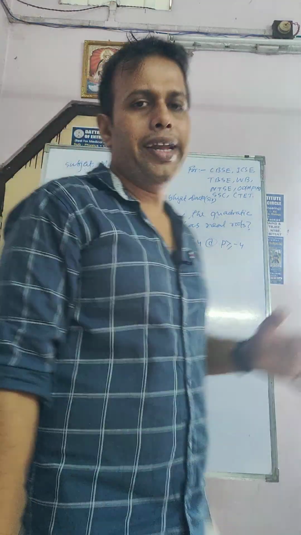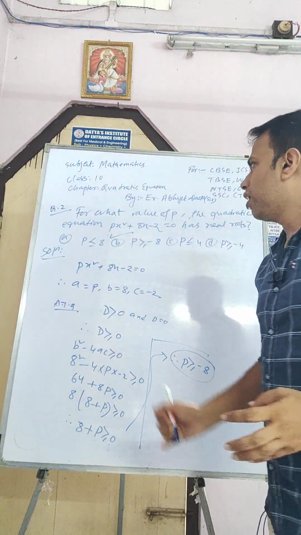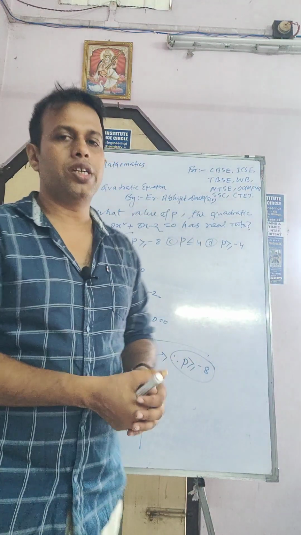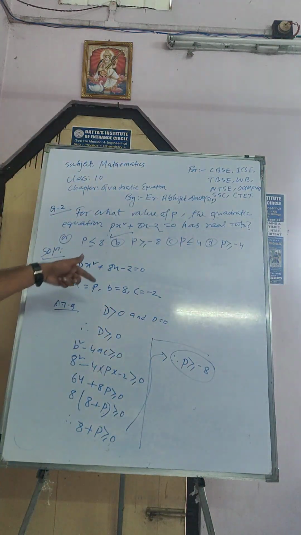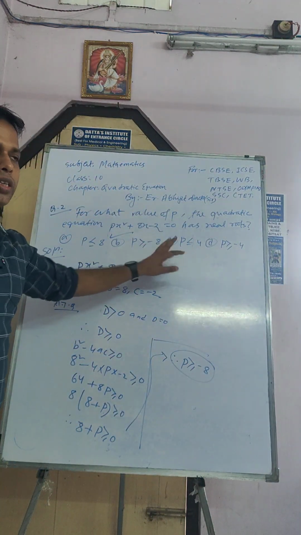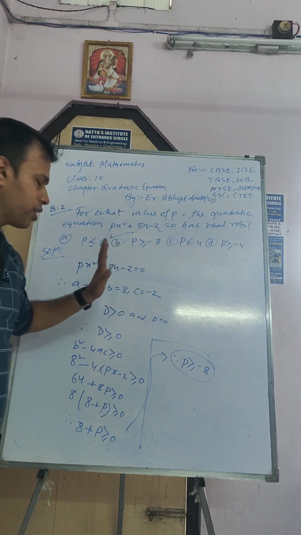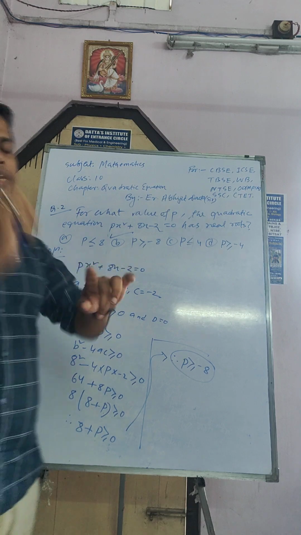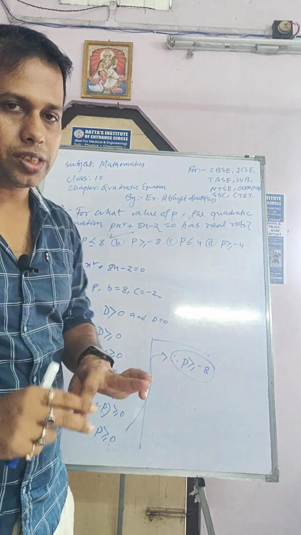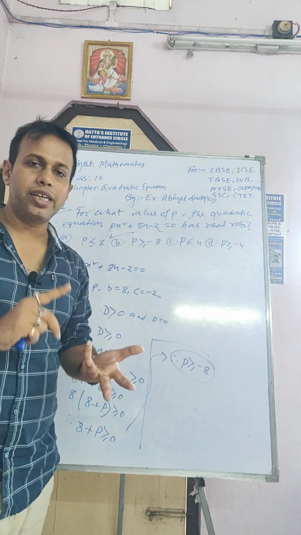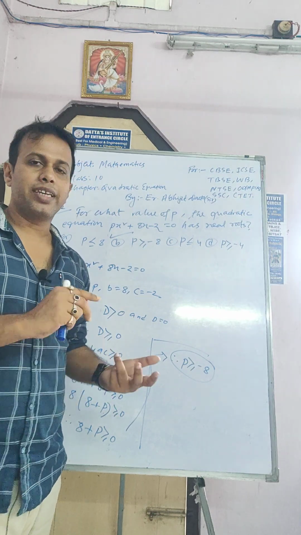Let me explain it again. In the quadratic equation, we have to find the value of P so that the roots are real. Here I am writing the question, and after that, A, B, C is what? It's so simple. Real roots occur in two cases: when discriminant D is greater than 0 and when D is equal to 0.